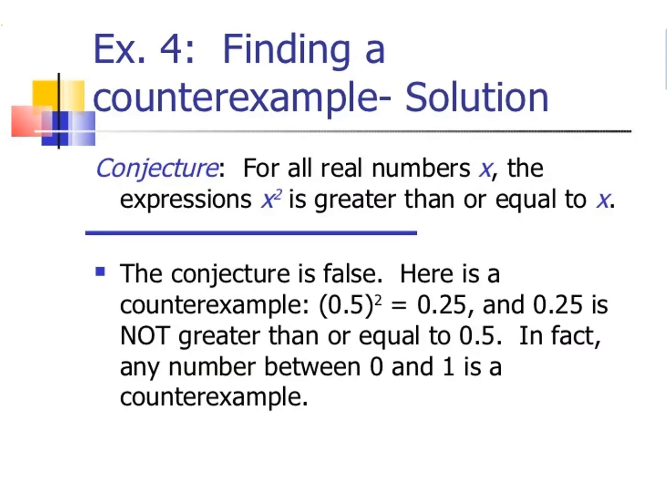Okay, here, because of the real numbers, we can replace with a real number. For example, 0.5 squared equals 0.25, and 0.25 is not greater than or equal to 0.5. In fact, any number between 0 and 1 is a counterexample.